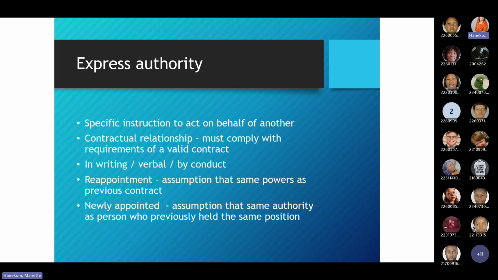I cannot validly appoint Jane as my agent to go and buy dagga for me. I cannot appoint Jane as my agent if she does not have contractual capacity. Must be valid. Although it's called express authority, it doesn't have to be in writing. It can also be verbal.